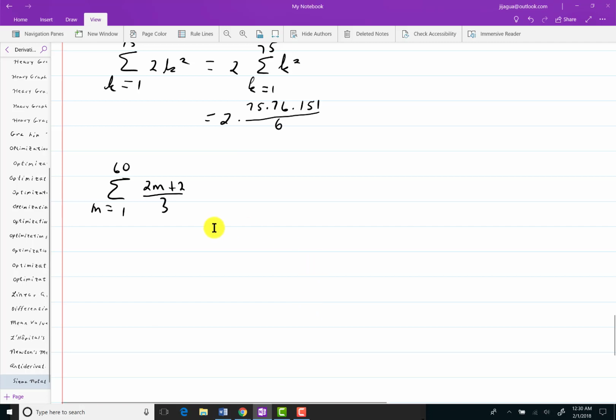For this one, I'm using a different letter purposefully, not to fool you or anything like that, but just to show you we can use other letters. So the first thing I'm going to do is break this up into 2/3 m plus 2/3 k. I slipped into k myself, but I don't mean to do that if that's not the right letter. And then I'll have 2/3. Now in order to use the formulas, I can factor this 2/3 out front.